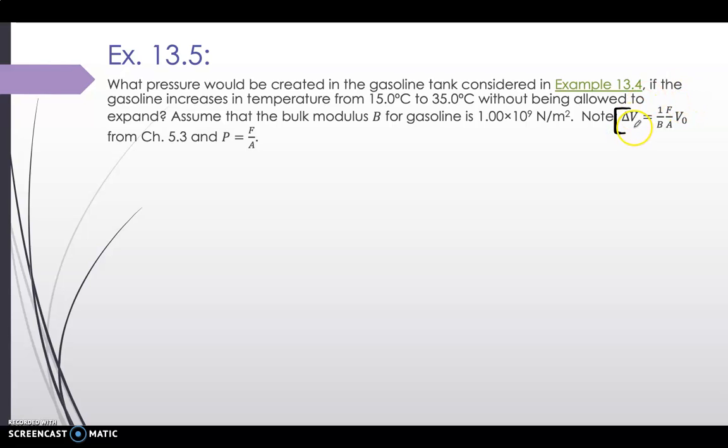So delta V is going to equal 1 over B, the bulk modulus, times F over A times V naught. And remember that pressure is equal to force over area. So we're trying to solve for pressure.